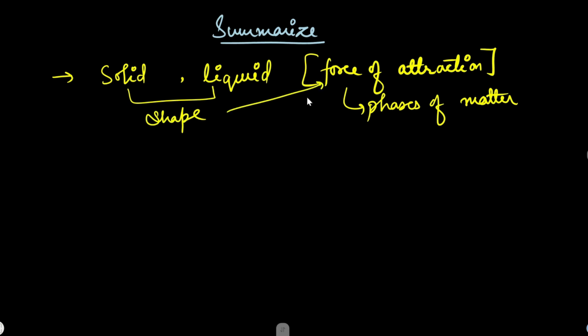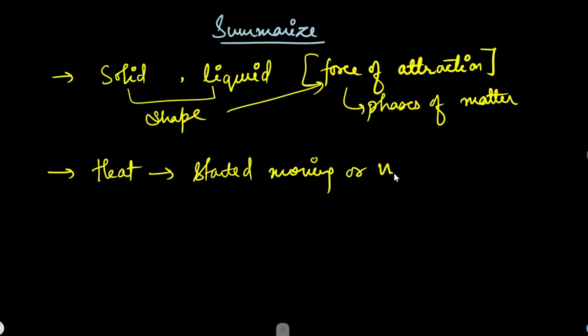When the force of attraction becomes weaker, it changes its phase from solid to liquid. Then we studied how, after providing heat, the particles started moving or vibrating at their original position.